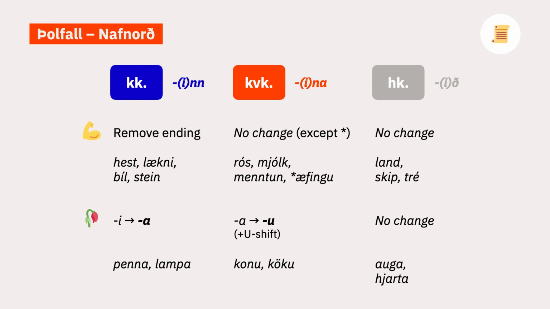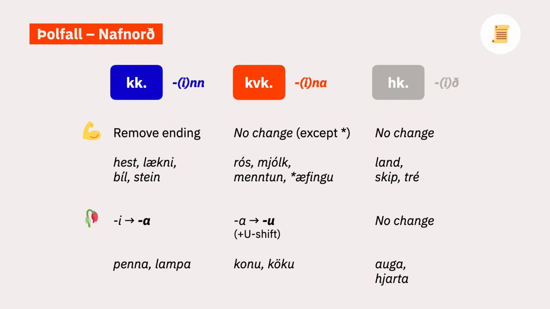So for masculine, that rule is removing the ending, giving us hest, lækni, bíl, stein. For strong feminine and neuter nouns, there's no change, except for those feminines ending in ing, which change to ingu, ævingu. Okay, but everything else the same. Rós, mjólk, menntun, land, skip, tré.